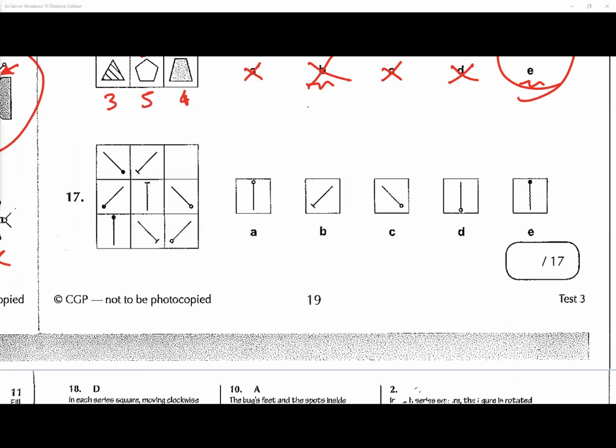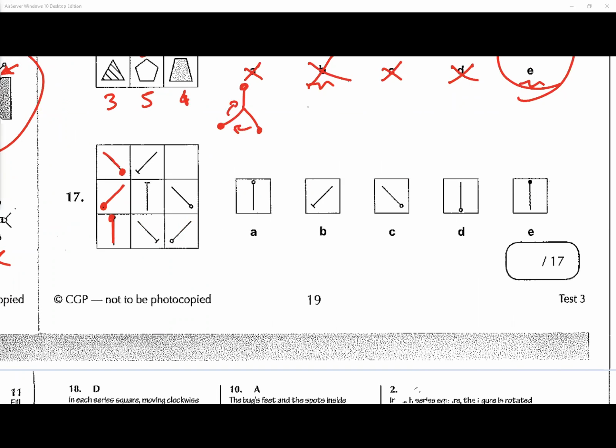Question number 17. Okay, so we have lines now going from this way to this way to this way. So there, we can look at the shape and look for the one with the black dot on it, starting there, then going there, and then going here. So we're starting here, and then here, and then here, in those directions.